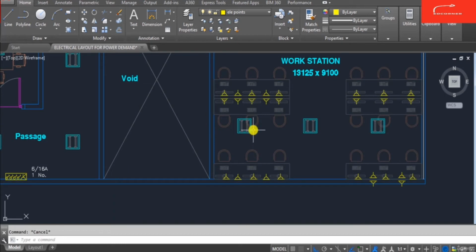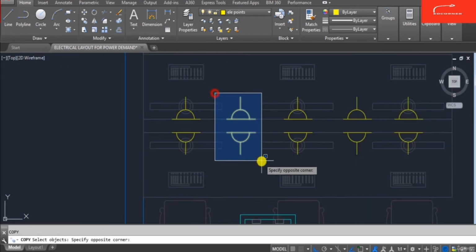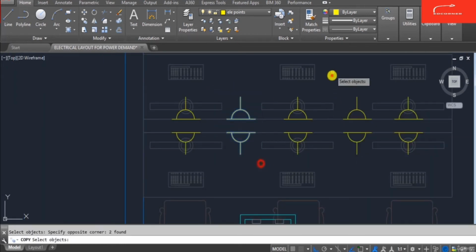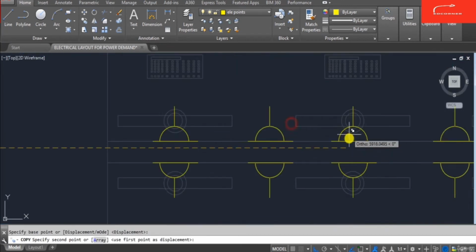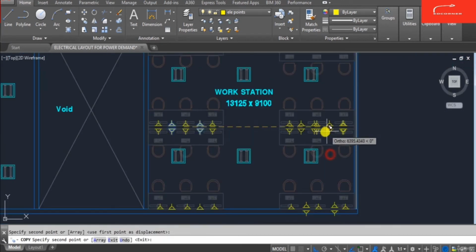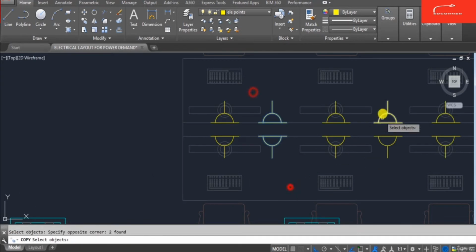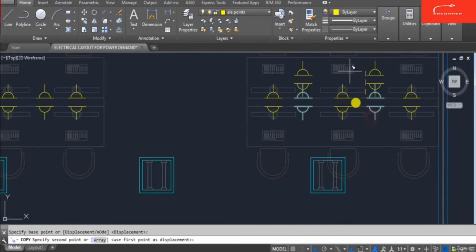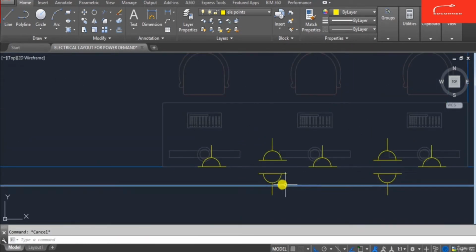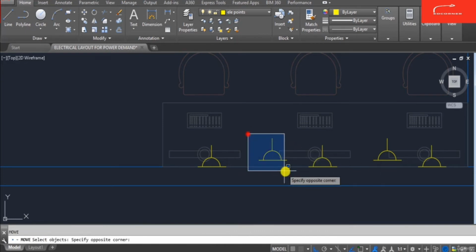So I will copy this on each desktop so that it can be seen like this.